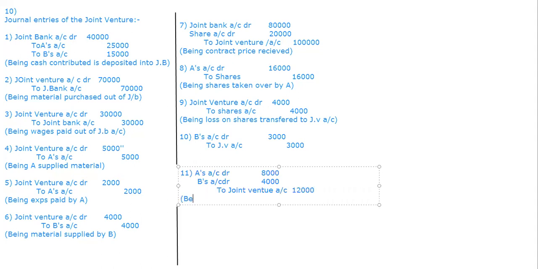So we are going to write being loss on venture distributed among co-venturers. Okay, done.